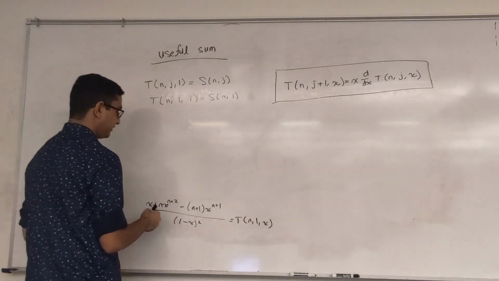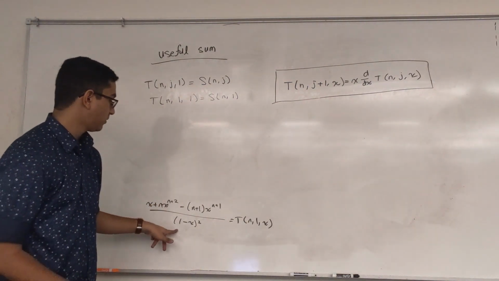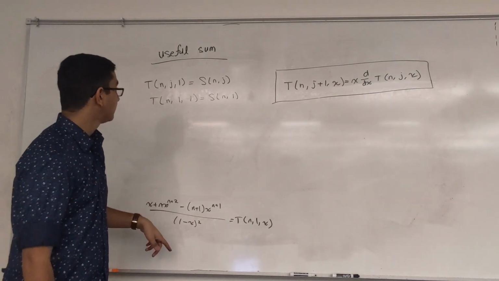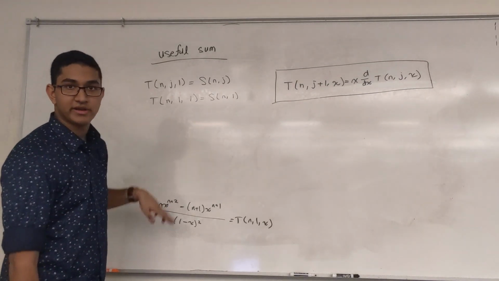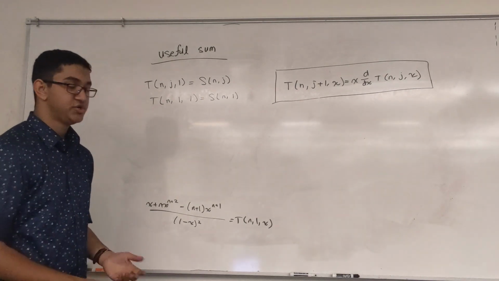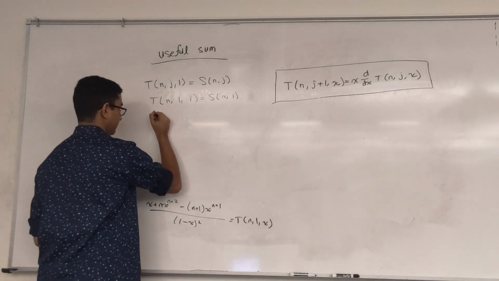We can't just put this in, because 1 minus x with x equal to 1 is just 0. 0 squared is 0, and dividing by 0 you can't do. So instead we'll apply the limit.